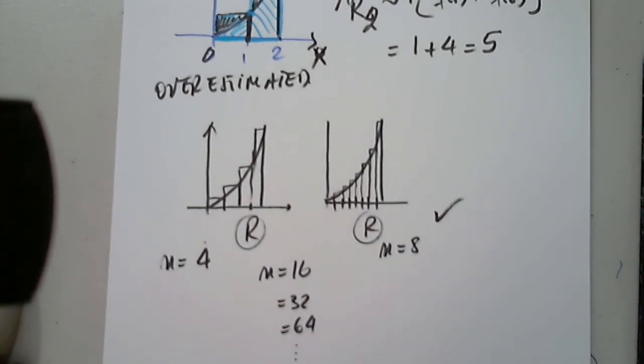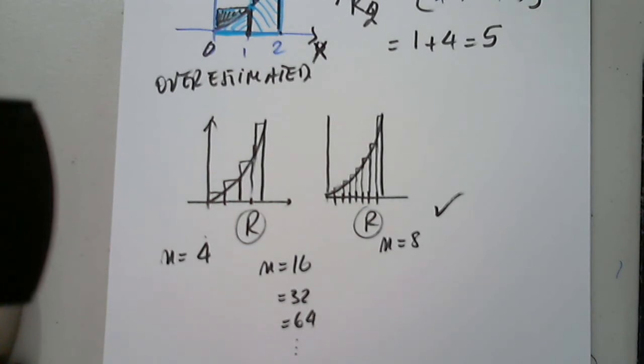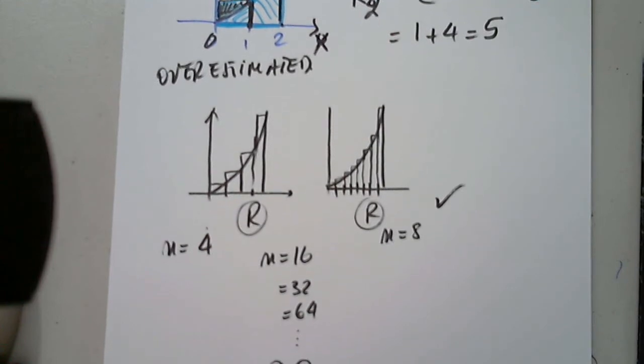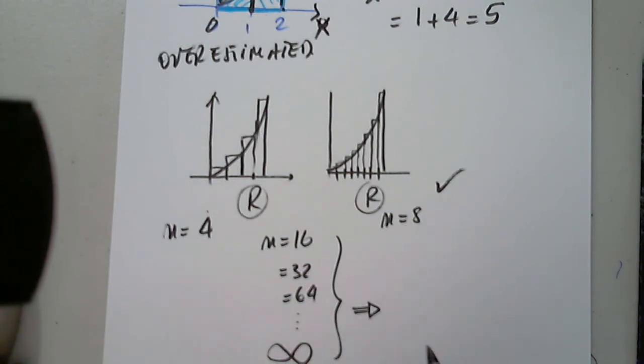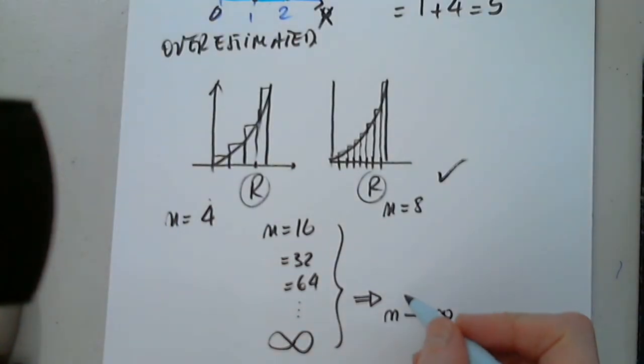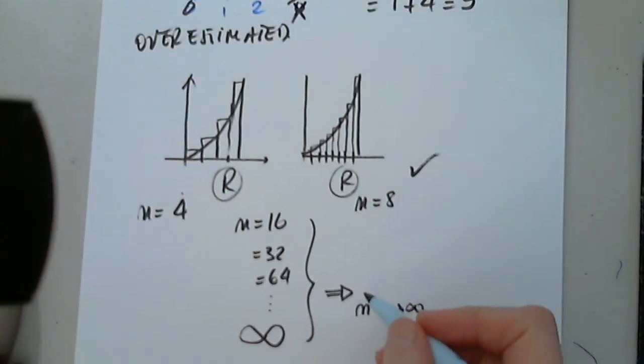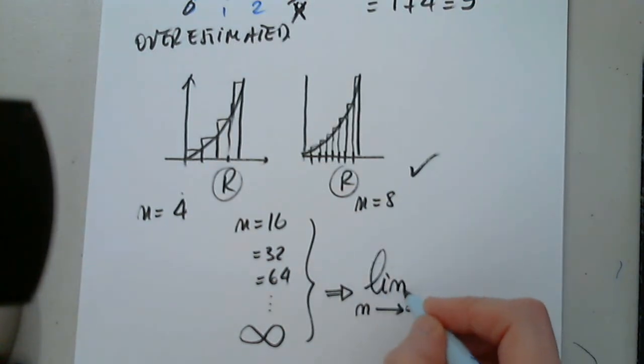Which one would be the best? And what concept am I talking about? As n approaches infinity, what concept is this? What do I have to write above? Limit. Thank you very much.